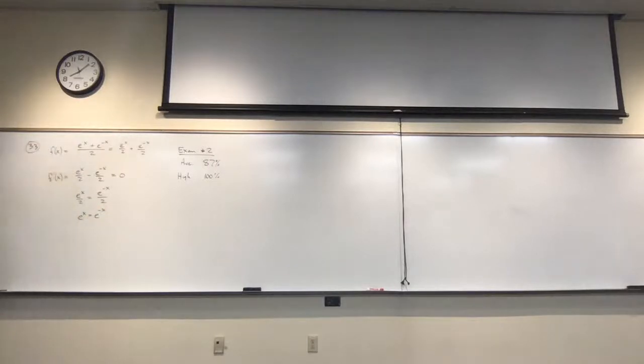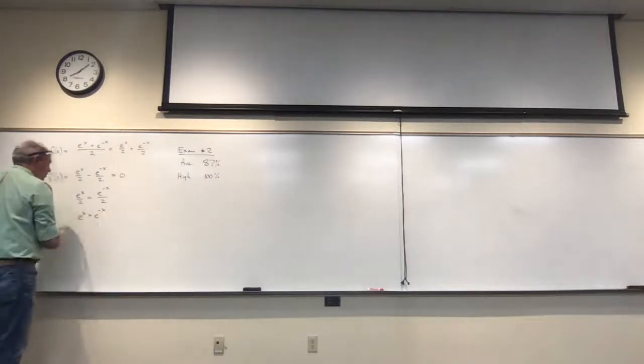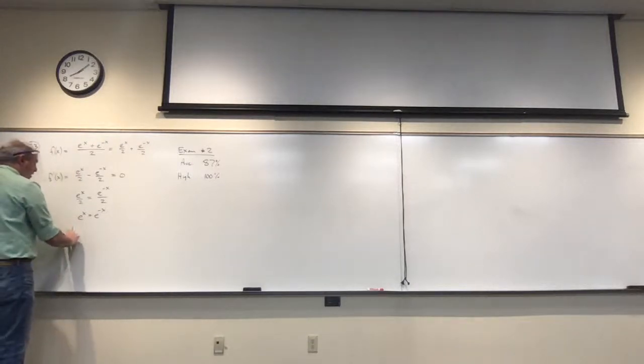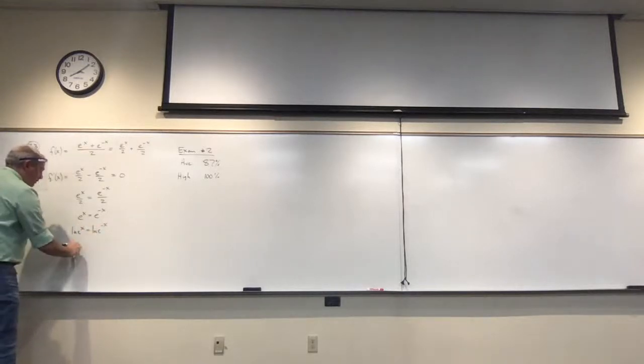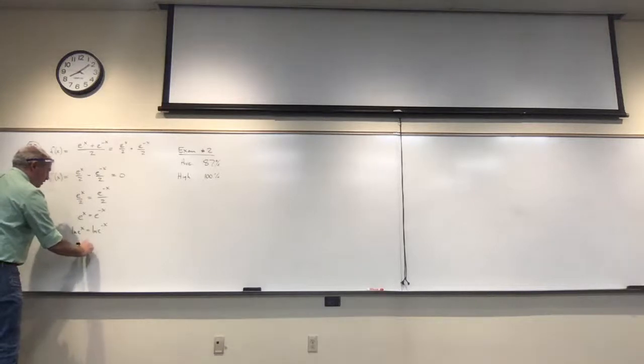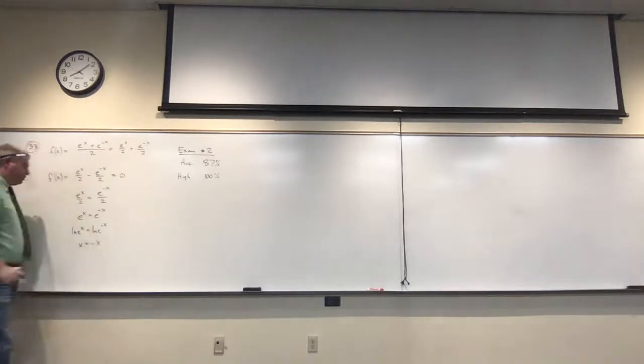Now, one thing that I could do at this point is take the natural log of both sides of the equation. If I take natural log of both sides, I get ln of e to the x is equal to ln of e to the minus x, or another way of saying that is x equals minus x.